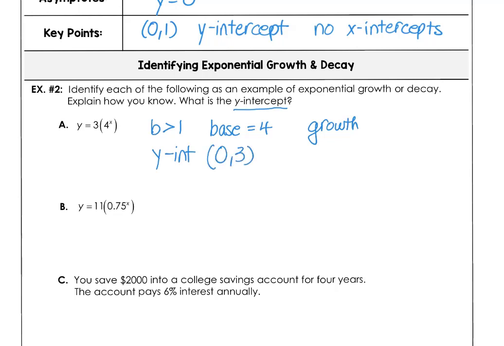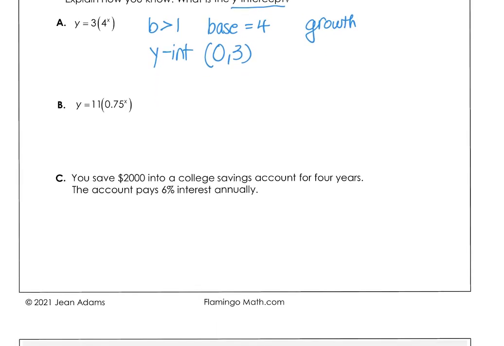By substituting 0 for x, we have 3 times 1. In example B, the base here is 3/4. So with the base between 0 and 1, we have an exponential decay function. And our y-intercept, by substituting 0 for x, would occur at 0, 11.